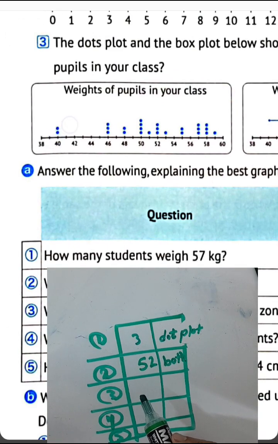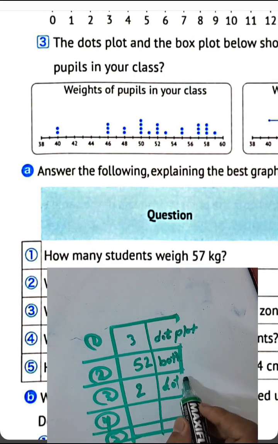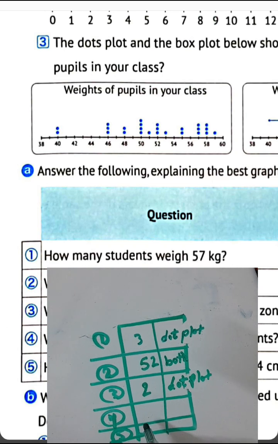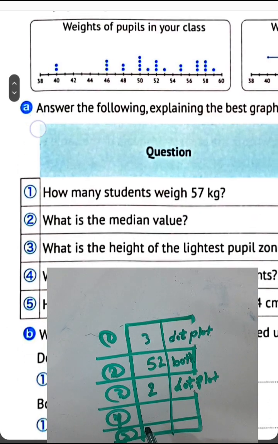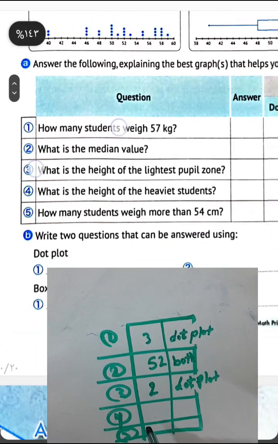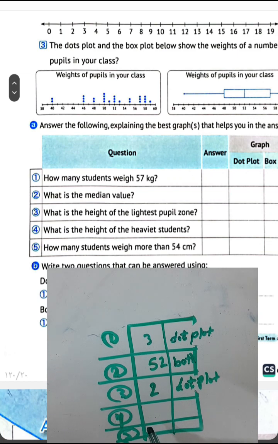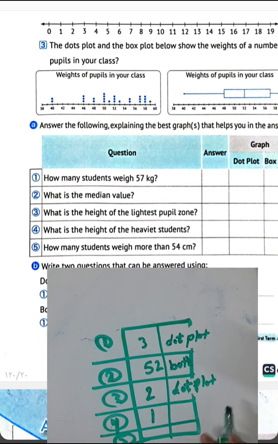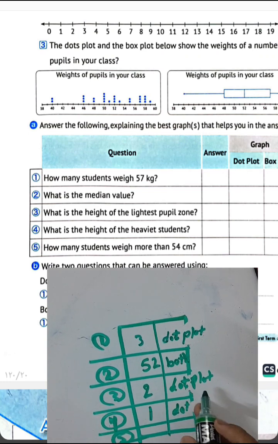The least was 2. Okay, we used the dot plot. Question number 4. What is the weight of the heaviest student? The heaviest will be 1. Okay, we use the dot plot. It's the best method, the dot plot.